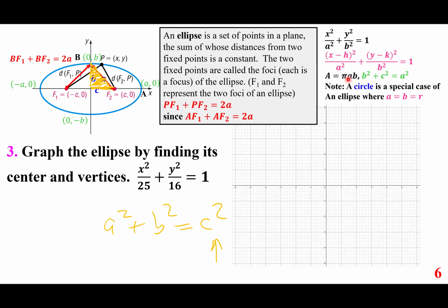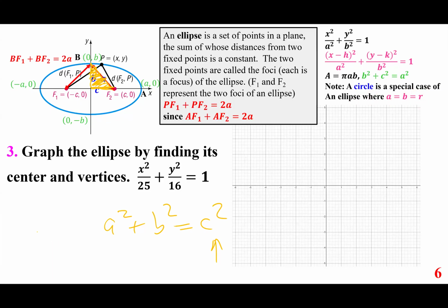Now, the area equals pi a b. I'm going to go over that in a moment, but I want to discuss this one. This is from the Pythagorean theorem, okay? And in general, what do you put here? The one that is the largest. If this is elongated along the x-axis, a is the largest. But if it's elongated along the y-axis, then b is the largest, okay? And note, a circle is a special case of an ellipse where a equals b equals r.